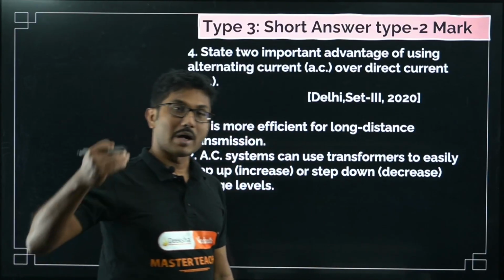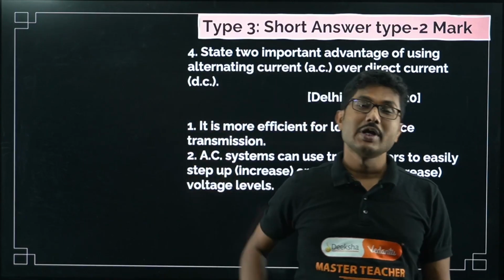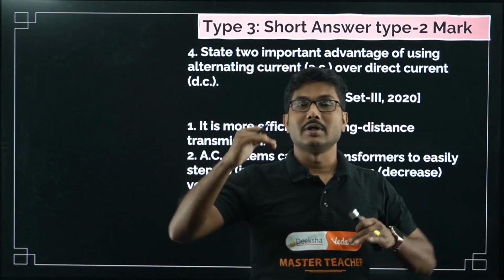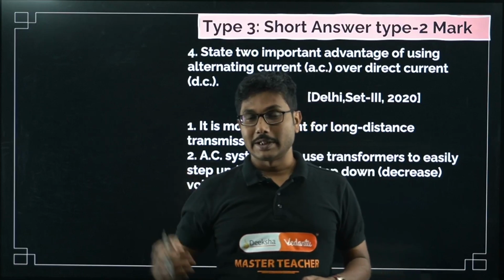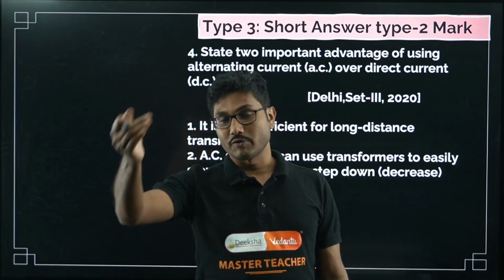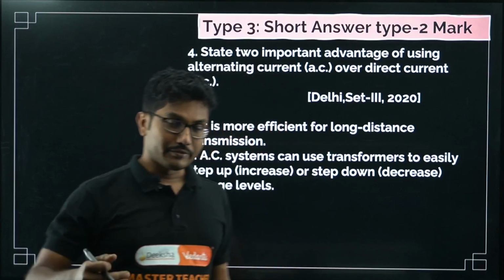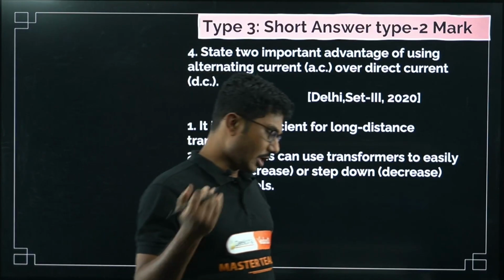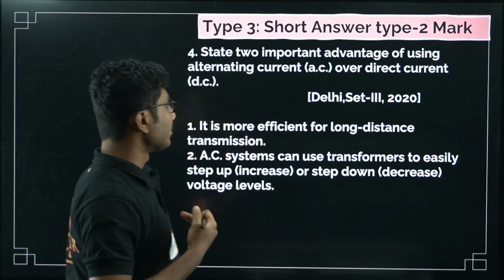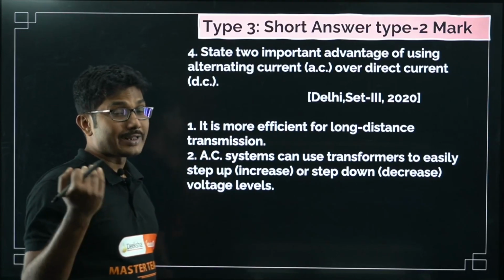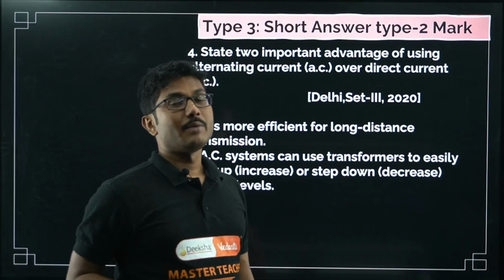Power stations generally supply high voltage, which is reduced gradually. By the time it reaches your locality, it is 440 volts. From there the local transformer reduces it to 220 volts and then it is supplied to your house. So the voltage can easily be increased or decreased based on the requirement.